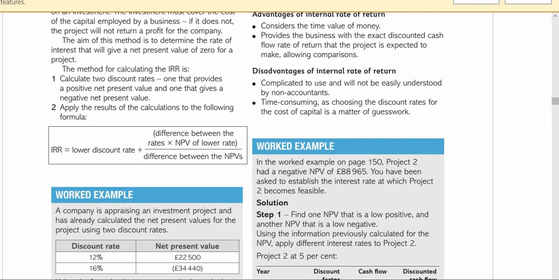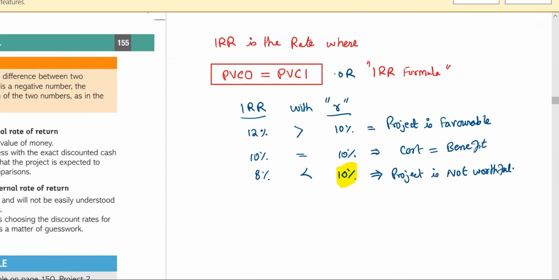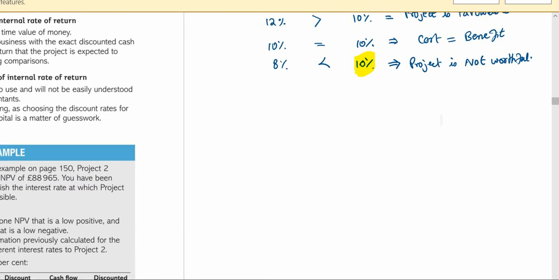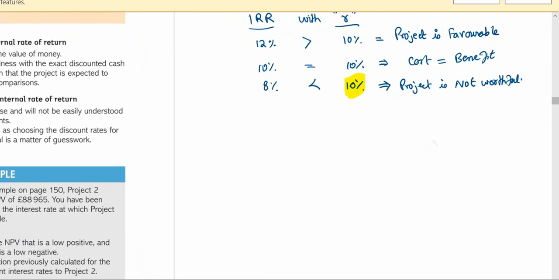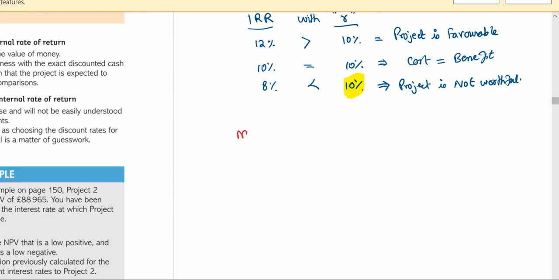From here it is difficult to read, so I will just write here the methods to calculate IRR.